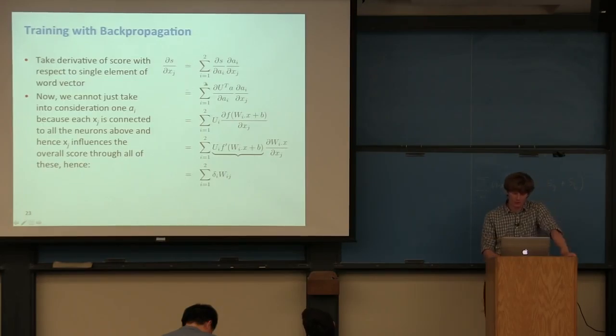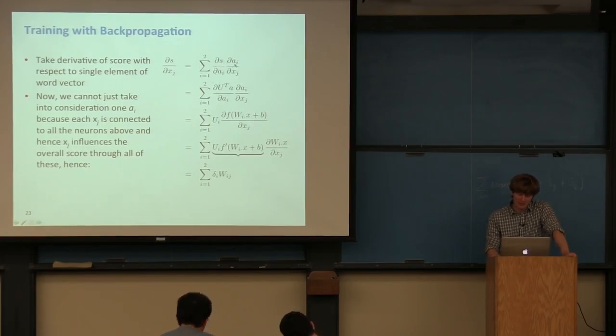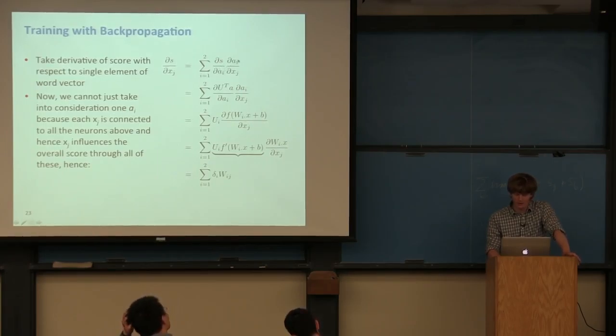Now let's go through this again. I think this is one of the last ones where we really write down all the details, so you do want to make sure you follow this equation. Basically here we have the sum over the two hidden units, derivative of s with respect to a1 times derivative of a1 with respect to xj, plus a2.